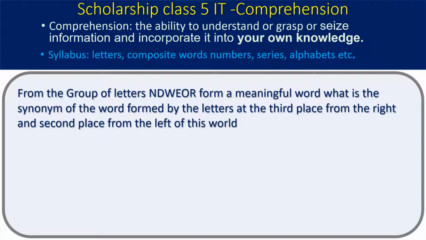Here a group of letters is given. You have to make a meaningful word from that first. Then you will do the rest from the word formed. I am giving you a little time, you can pause the video and think about what that word can be. N, D, W, E, O, R.